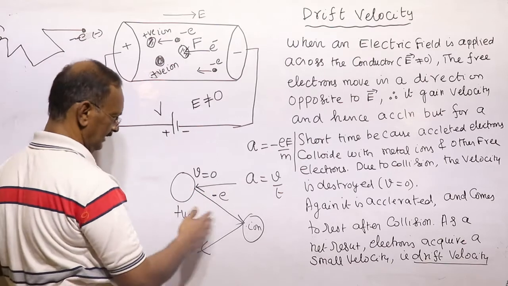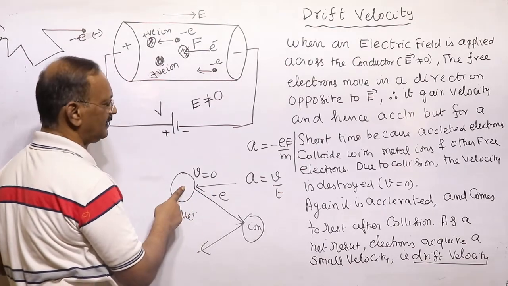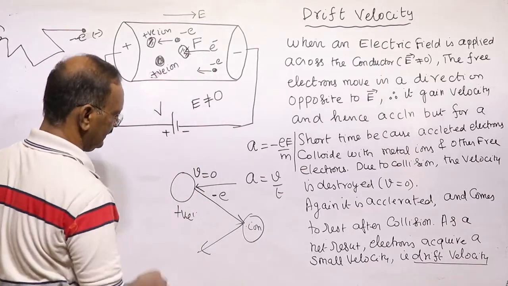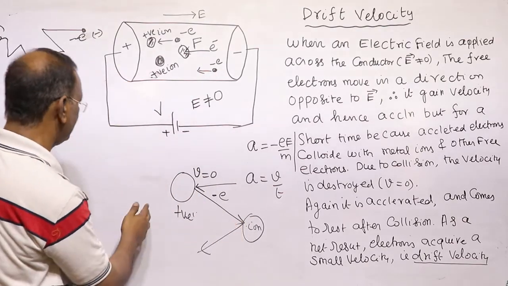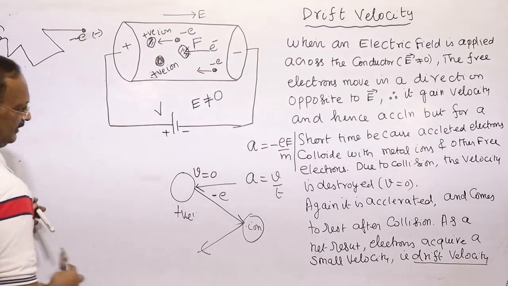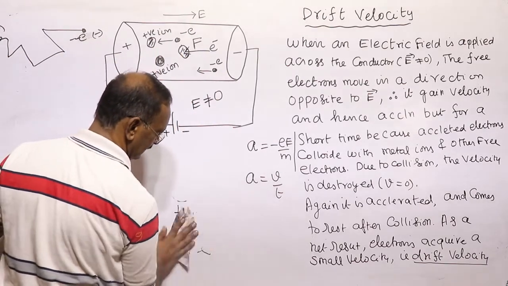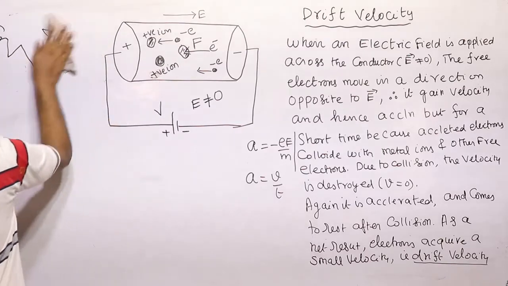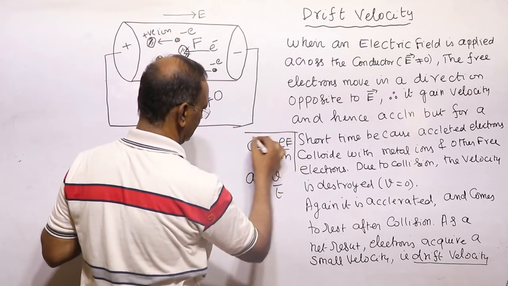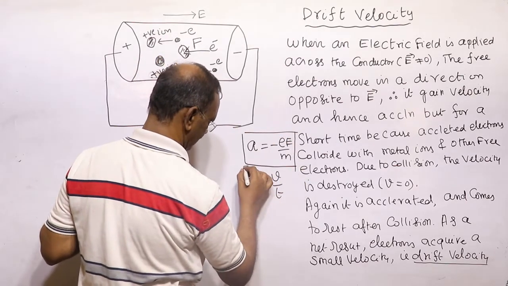After colliding with a metal ion or other free electrons within the conductor, it will again go like this. Finally, after moving in a zigzag path, it reaches this point. So the electron is drifting. This is the acceleration acquired on applying the electric field.